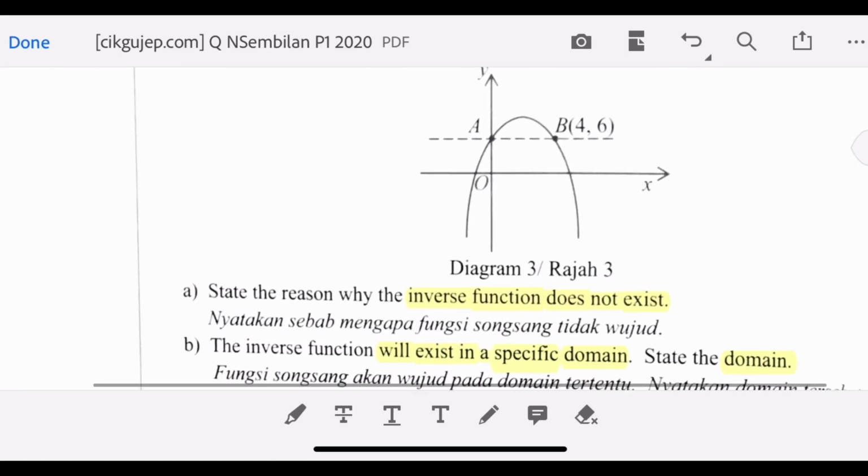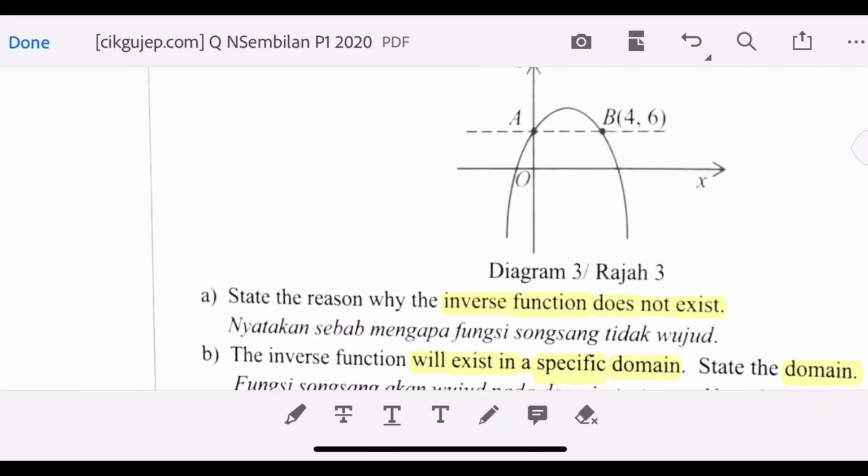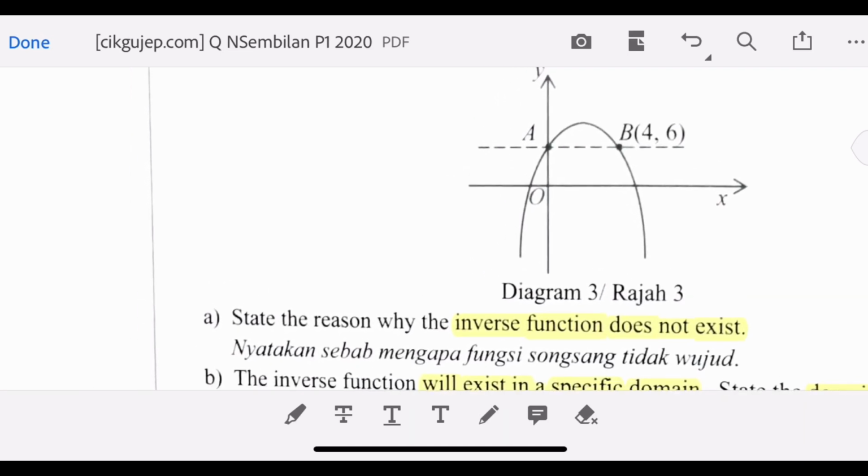You have the quadratic function with point A lying on the y-axis and point B given as (4, 6). So now the question is asking you to state the reason why the inverse function does not exist.